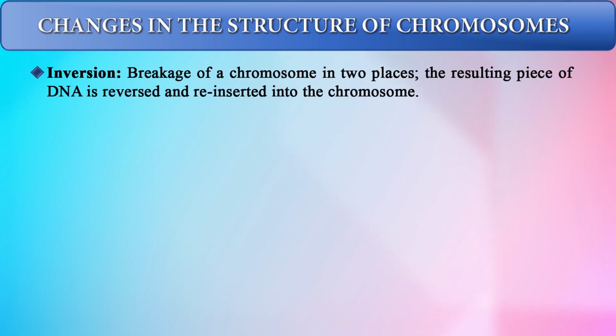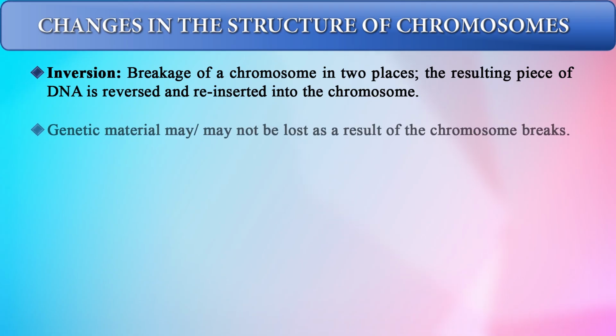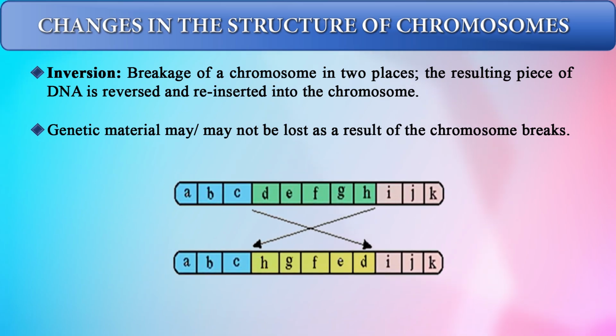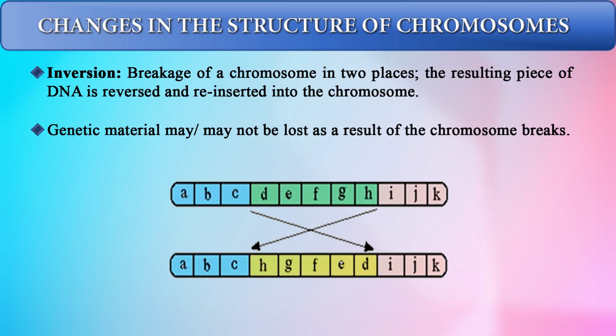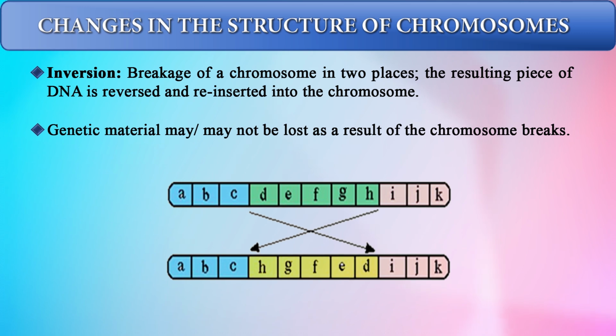Inversion. The breakage of a chromosome can occur in two places, and the resulting piece of the DNA will be reversed and reinserted into the chromosome. What happens as a result? The genetic material may be lost, or may not be lost, as a result of the chromosome breaks. So here you see the numbering going from A, B, C, D up to K, and in the lower part of the figure you can see ABC, and that one part of the green figure is cut, reversed and reinserted into that part.